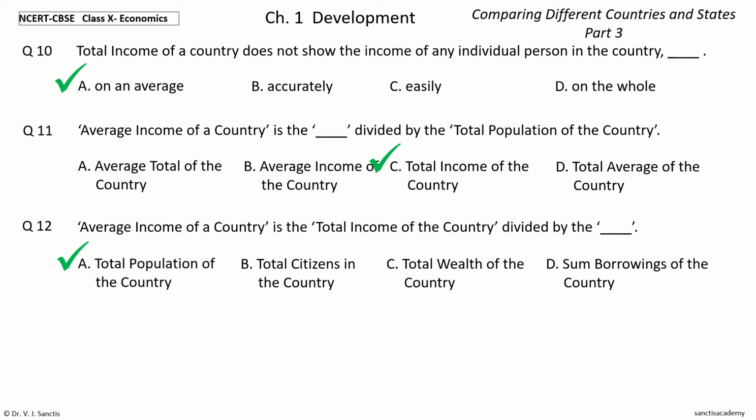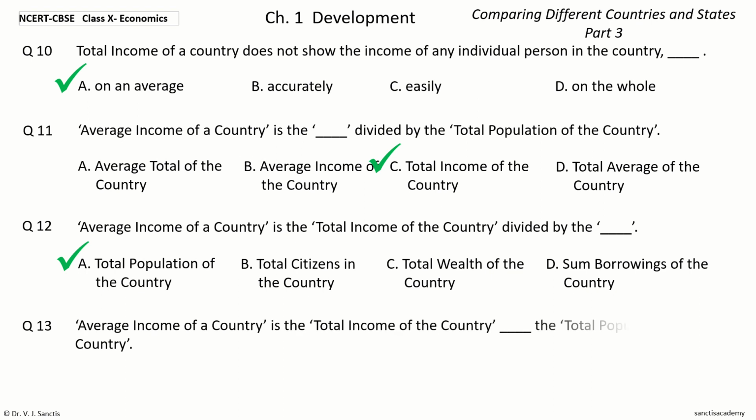So, average income of a country is the total income of the country divided by the total population of the country. Question 13. Average income of a country is the total income of the country dash the total population of the country.